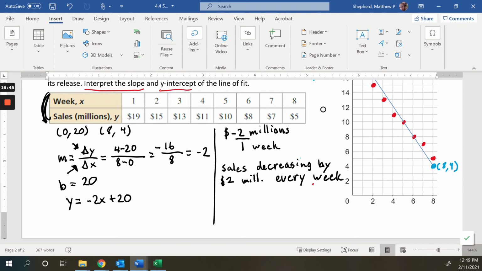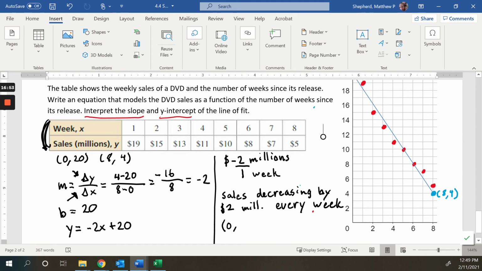All right, now let's talk about the y-intercept. Your y-intercept is always where the x was a 0 and then whatever your y value was. We found that point. We chose it as a point to use, (0, 20). Now remember, x is still weeks, and y is sales.